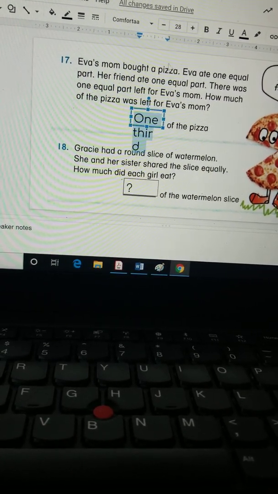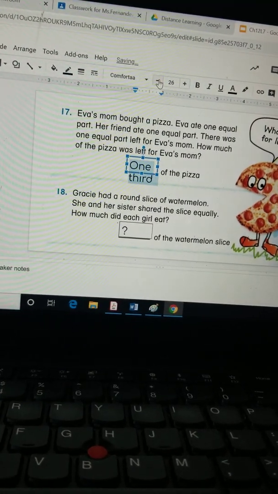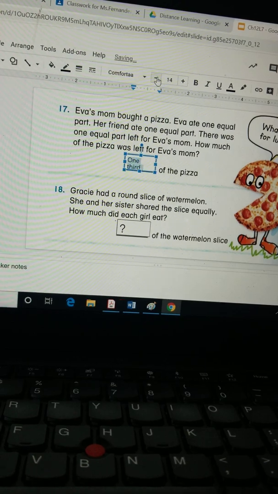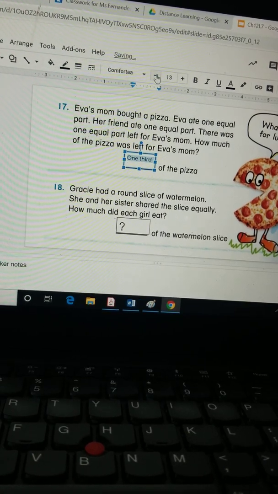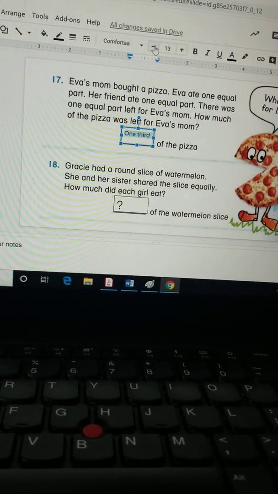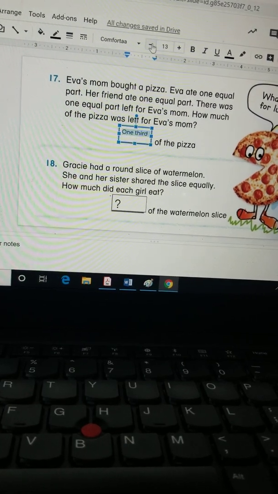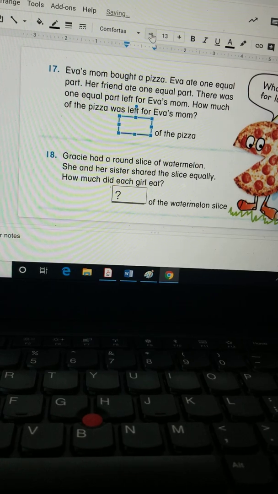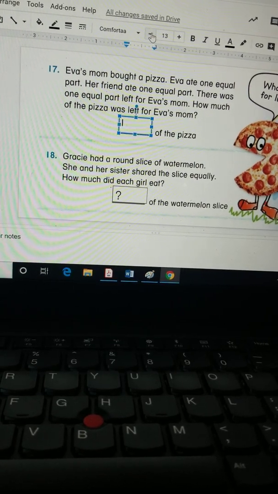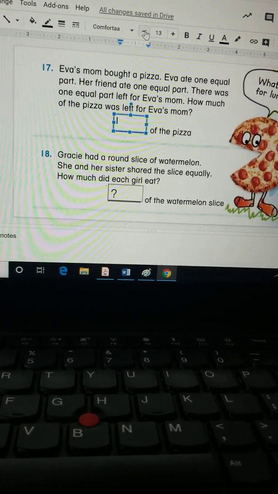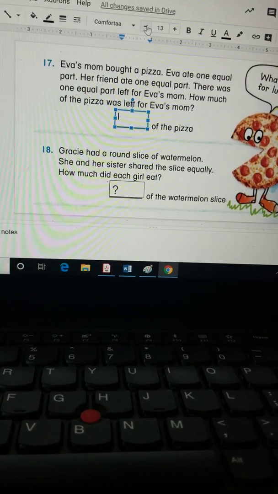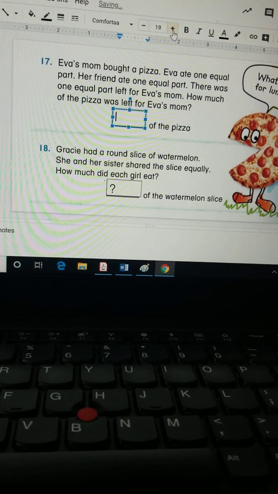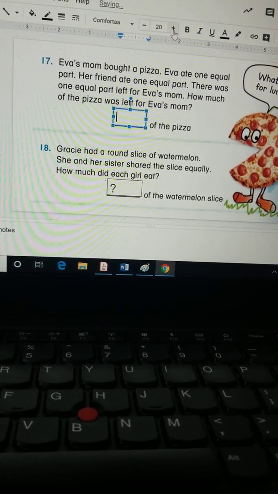Let me make this a little smaller. One-third. And you could also write a third. As long as you say the word third, I know that you knew there were 3 pieces. So that's how you do the word problems.